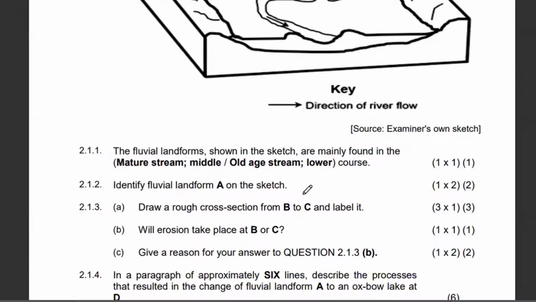The first question: are the fluvial landforms shown in the sketch mainly found in the mature stream, middle, old age stream, or lower course river? They are mainly found in old age stream and lower course. So you highlight your answer like this.